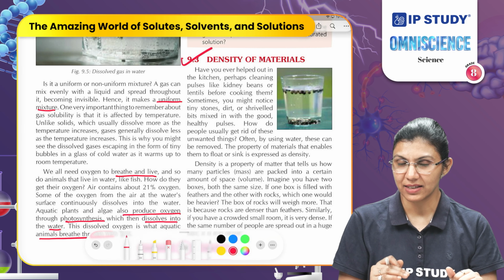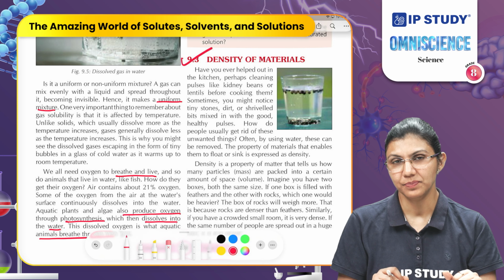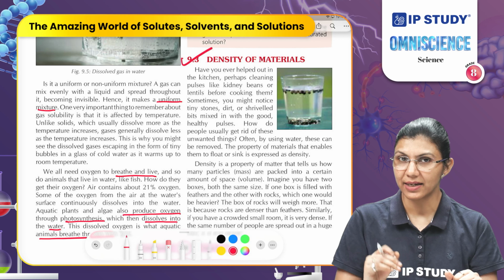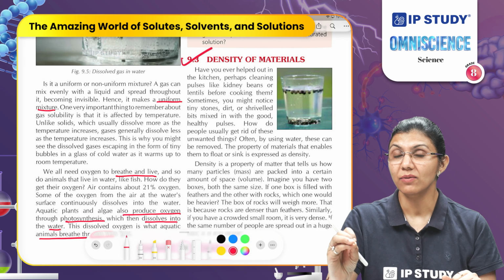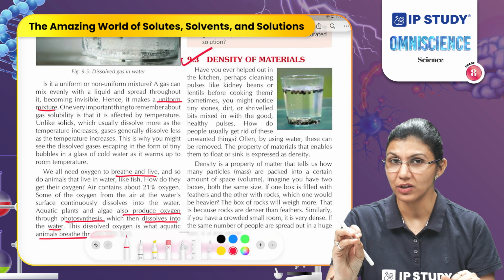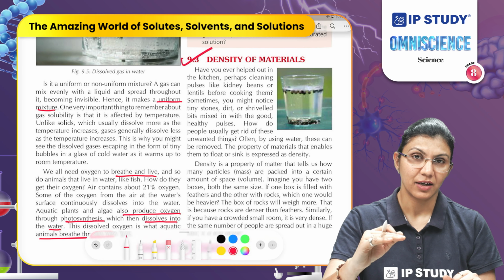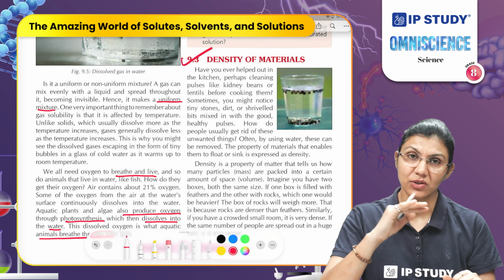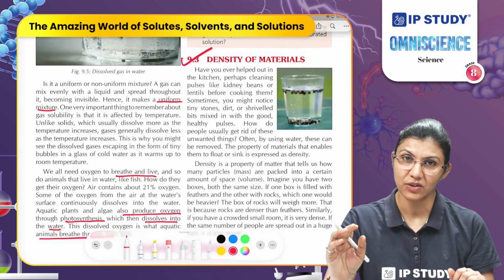The sand will settle at the bottom. You can take some pebbles also. Pebbles will settle at the bottom. And what happens to the pieces of sponge? These remain floating on the surface of the water. Take some dry leaves. These also start floating on the surface of water.